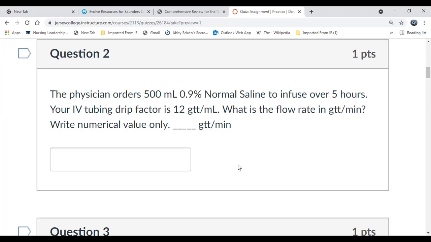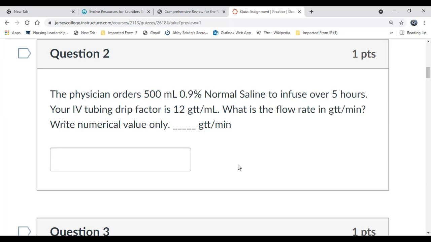Here our time is 5 hours, and you need your drip factor, which is 12 GTT. Sometimes they'll put PD drop or micro drop. If they put that on there, then your drip factor is automatically 60. In that case, they might not give you the drip factor.